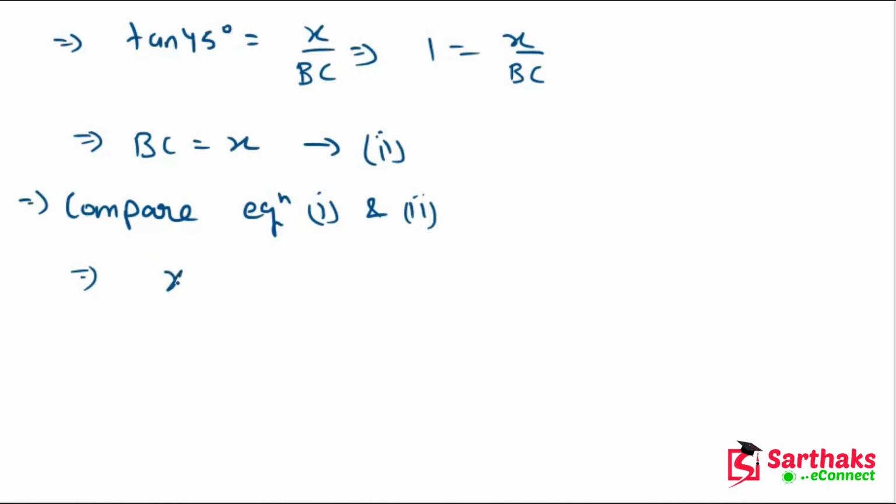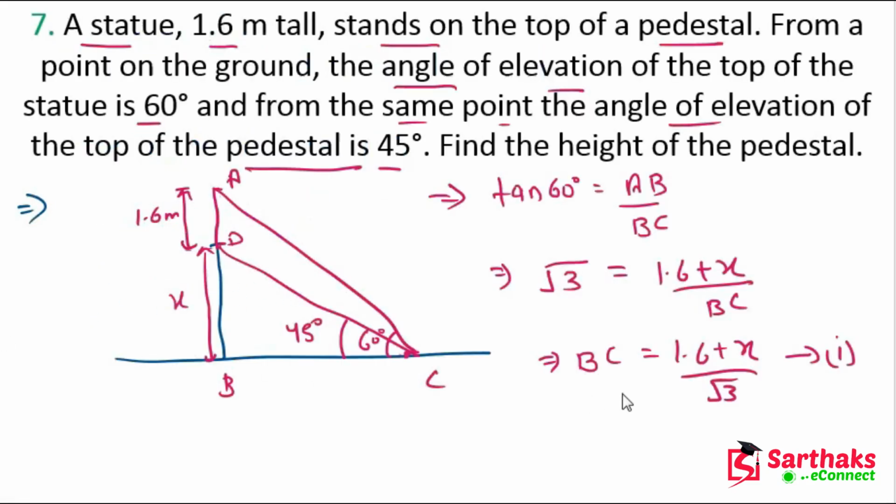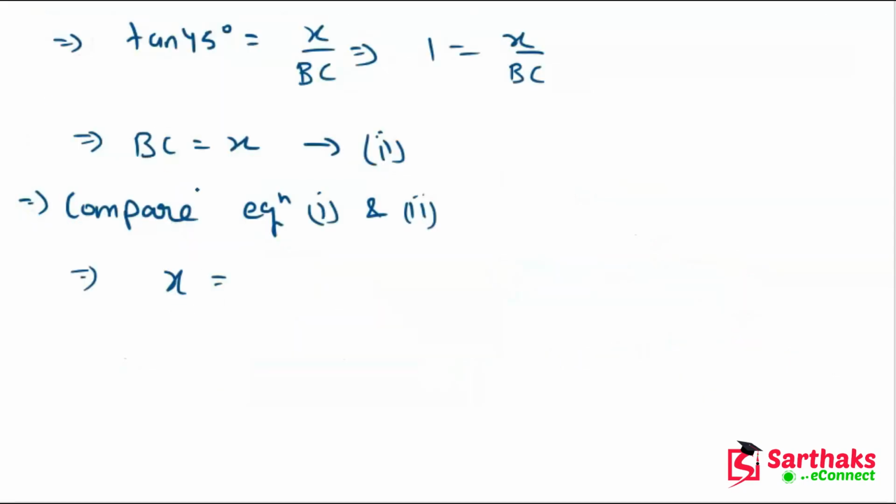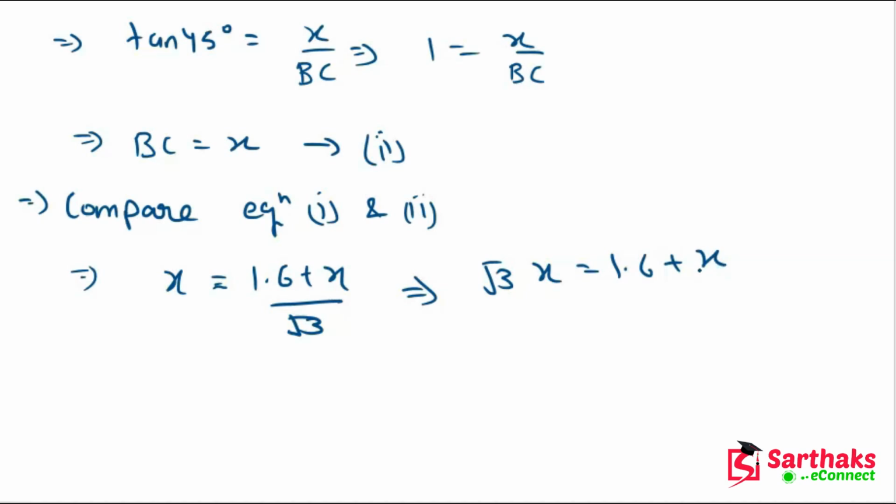So this will give x equals 1.6 plus x upon root 3. So this will give root 3x equals 1.6 plus x. Now this x is shifted to the LHS.